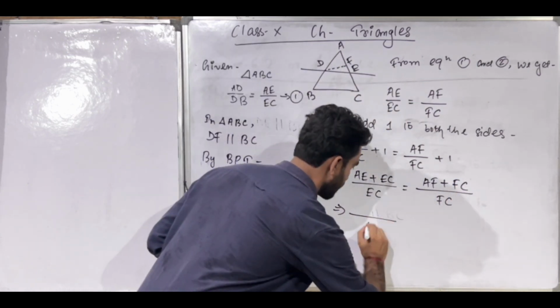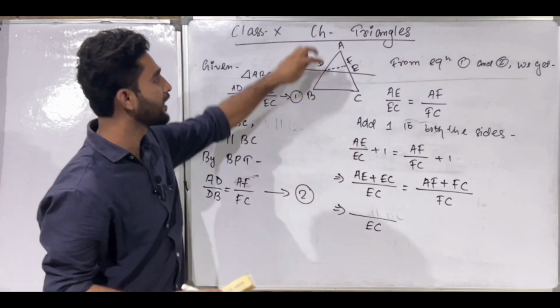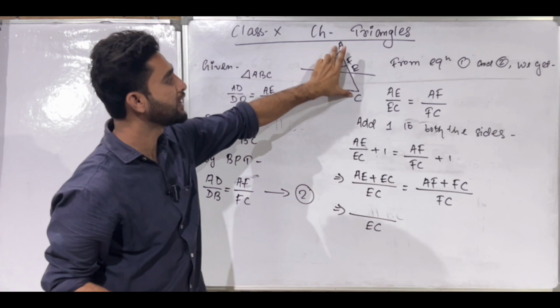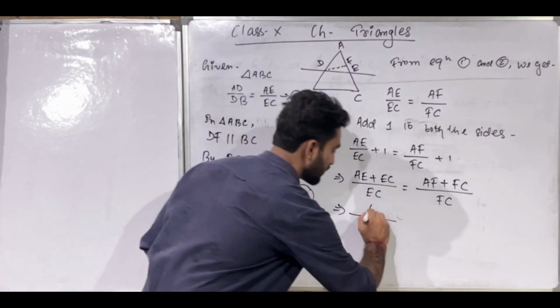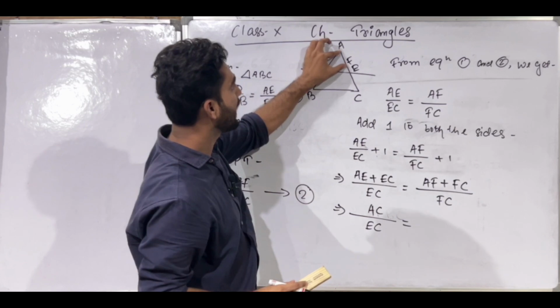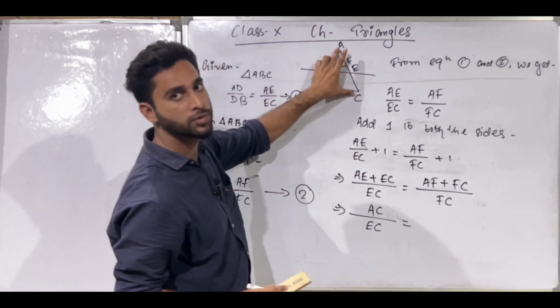Now look at the diagram. AE plus EC will give us AC. Similarly AF plus FC, if we add AF and FC, we also get AC.